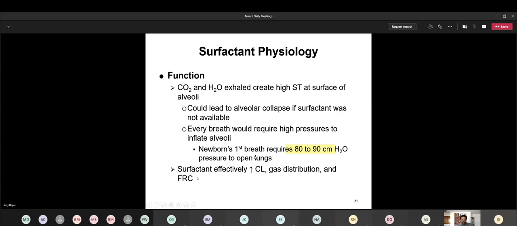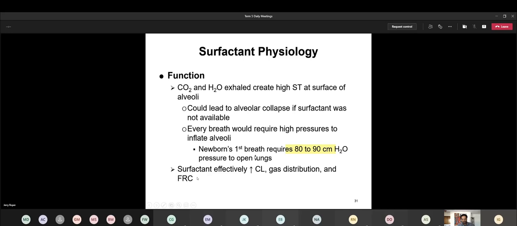And as it says here, think about the baby who was just born, with all that fetal lung fluid that had been in the lungs all that time. Now they're trying to clear away this fluid to get the alveoli to open up, and it could take almost 80 to 90 centimeters of water pressure to open up the lungs.